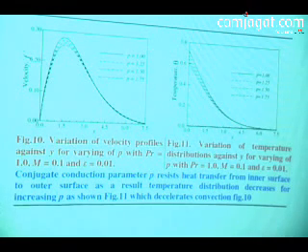the velocity profile and temperature distribution. From these two figures, we observe from figure 10 that the velocity decreases and the temperature also decreases for increasing values of the conjugate conduction parameter.